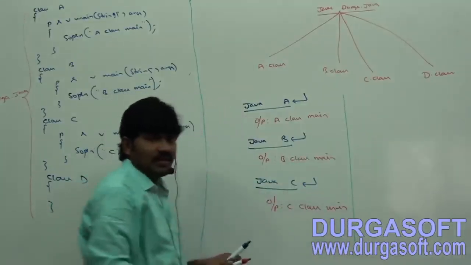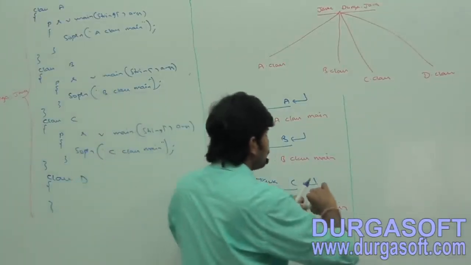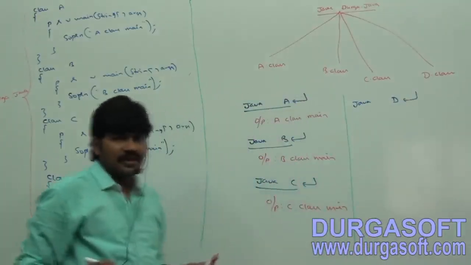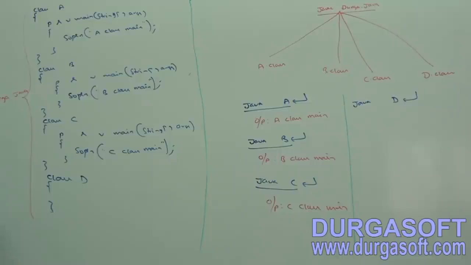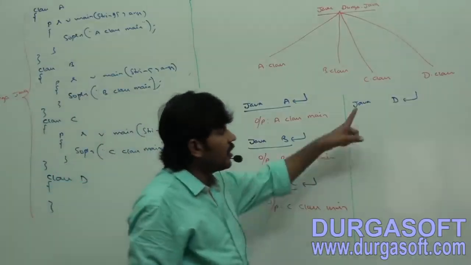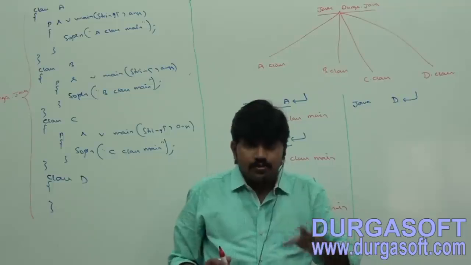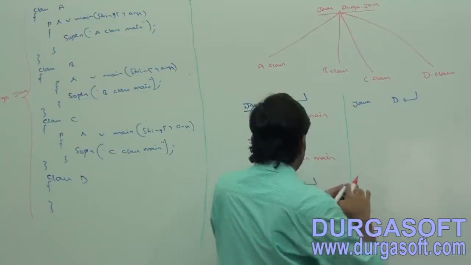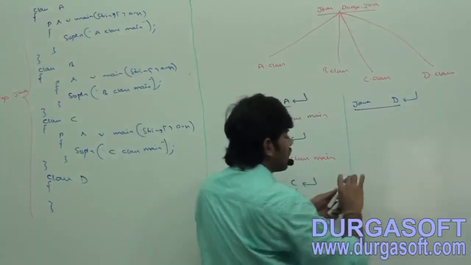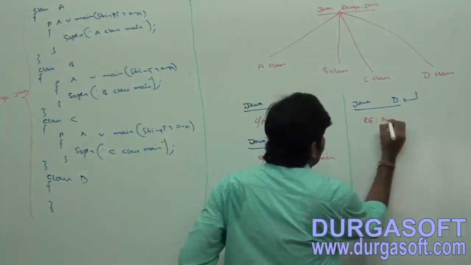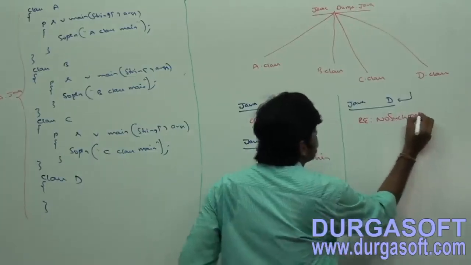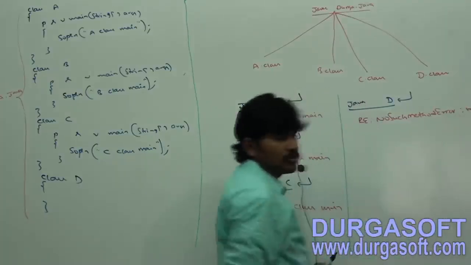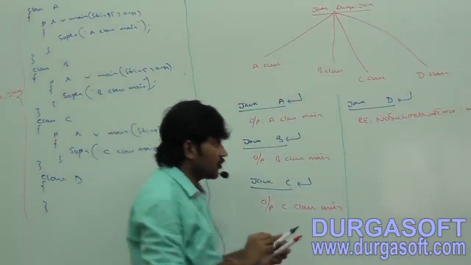Now observe the next case. I am taking java D. Does class D contain a main method or not? No. Whenever we are executing a Java class, if the corresponding class doesn't contain a main method, then we will get a runtime exception saying NoSuchMethodError: main.